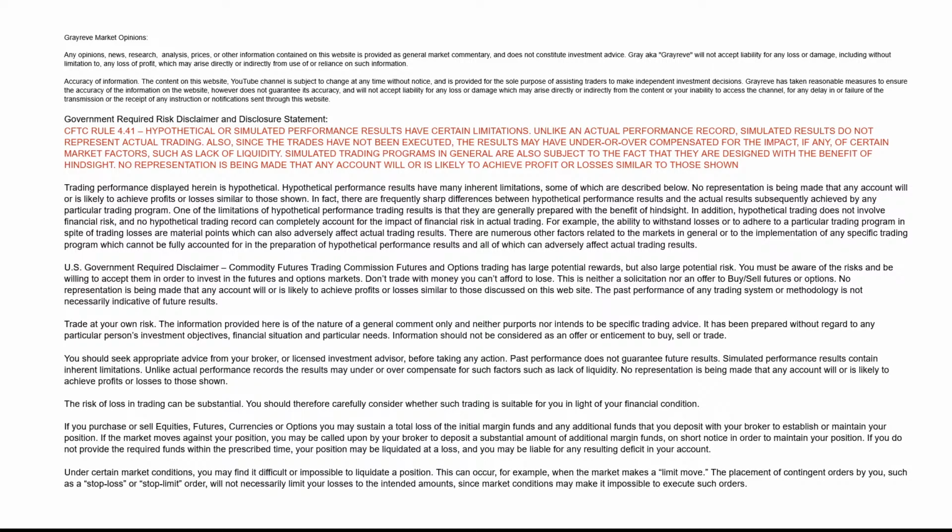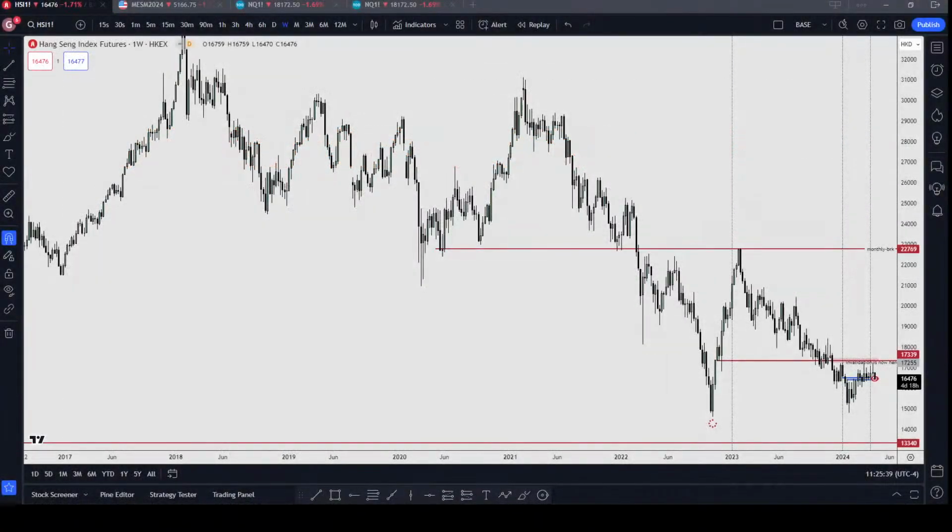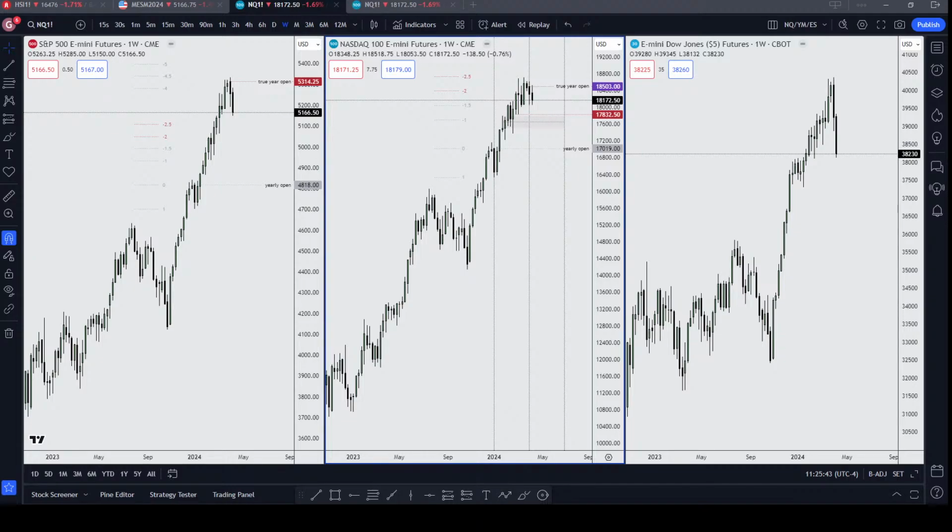Right, so finally we have something that I can talk about for the futures indices. Okay, now let's take a look at the charts from the higher time frames.